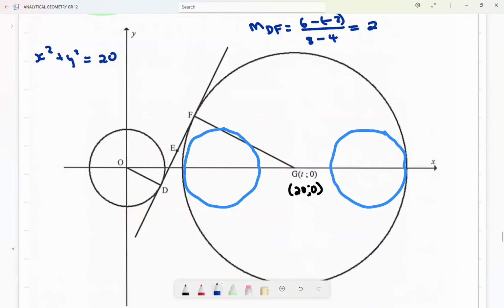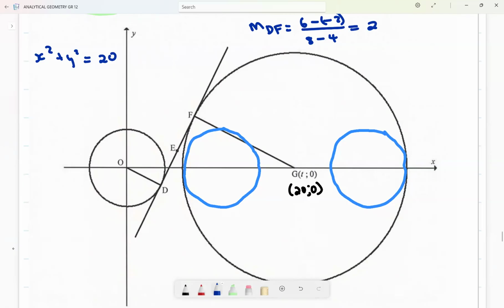So how about I find where exactly this one touches the graph of that one? Where basically this equation is equal to the equation of this one.